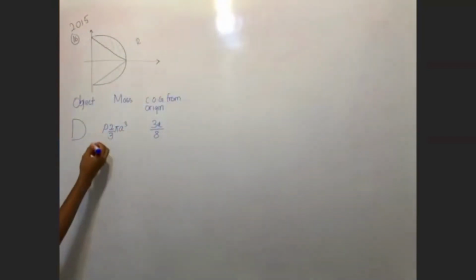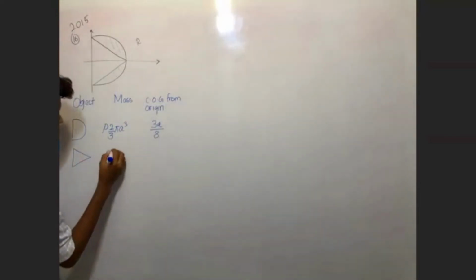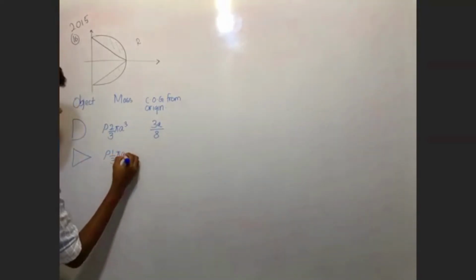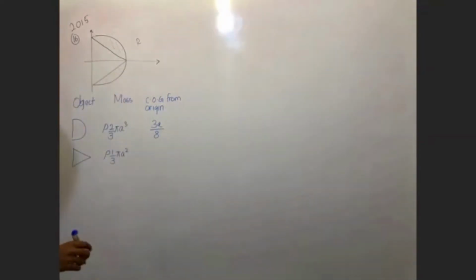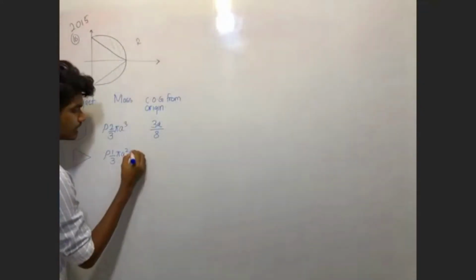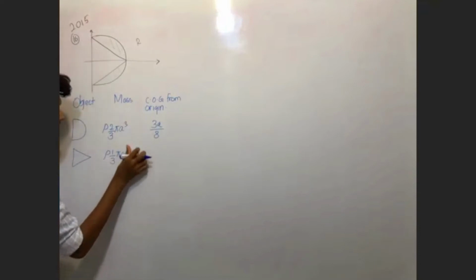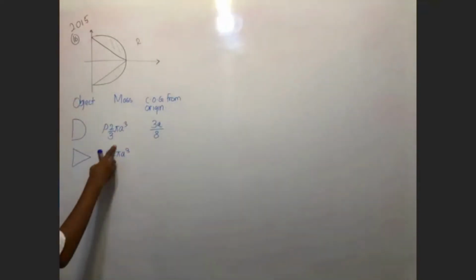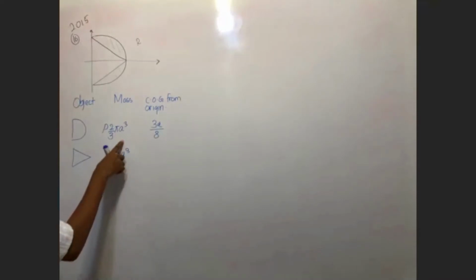So for the removed cone, what's the volume? Rho times 1/3 pi, radius a squared, and height is also a, which means a cube. So 1/3 pi a squared into a.